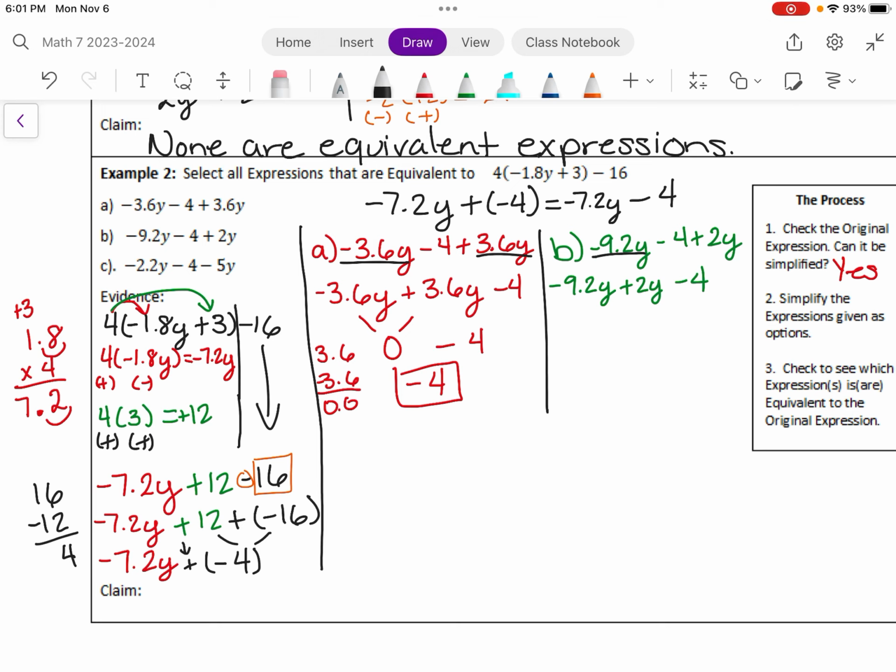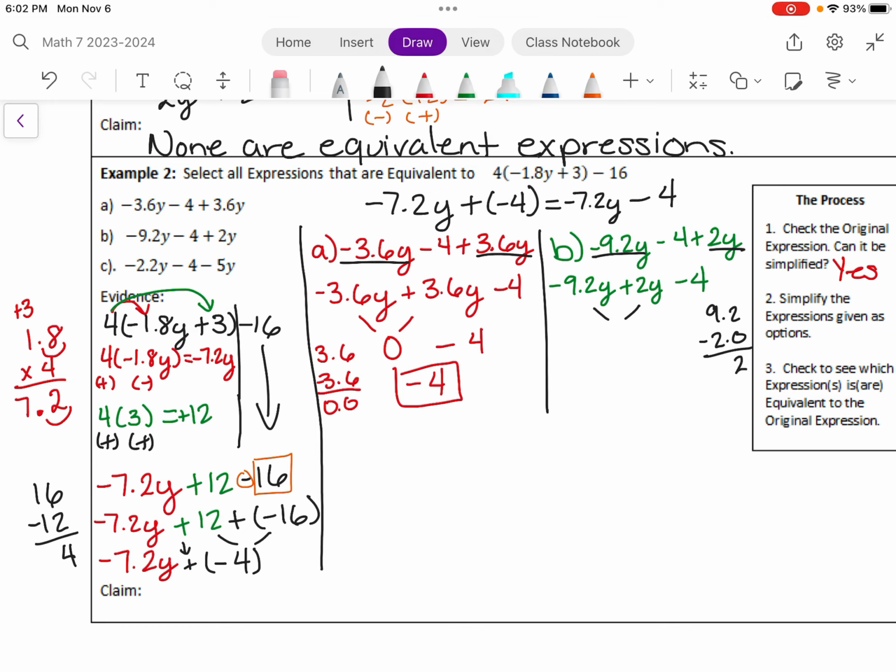Because my negative 9.2y and my 2y both have that y in common. Okay. Now combining those, I have a positive and a negative, which tells me I am going to subtract. So 9.2 minus 2.0. Remember, in this case, we do need our decimals to line up.